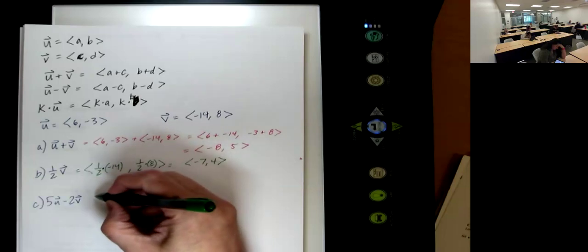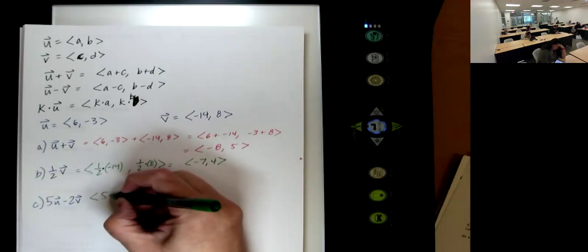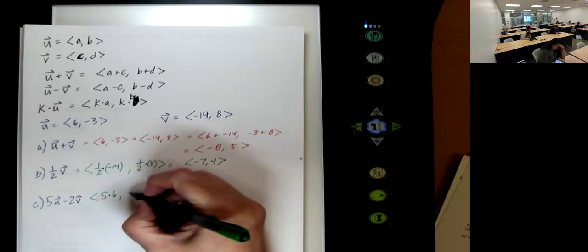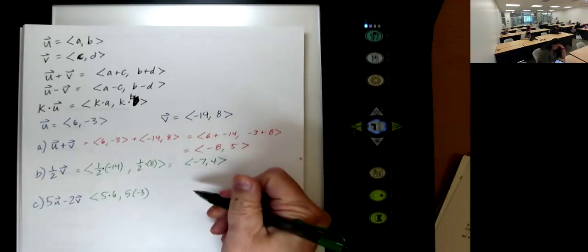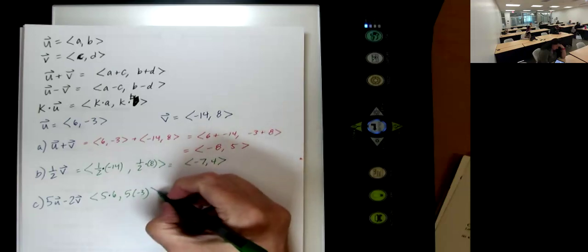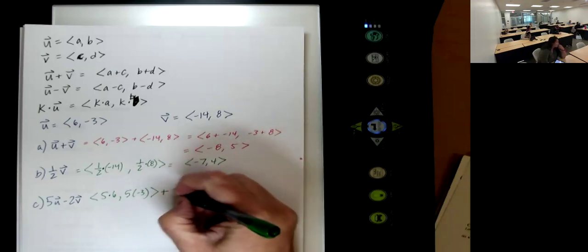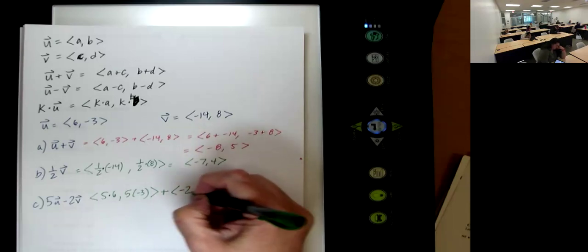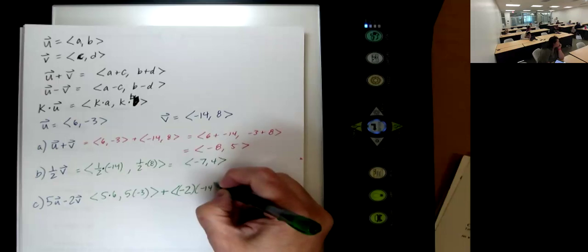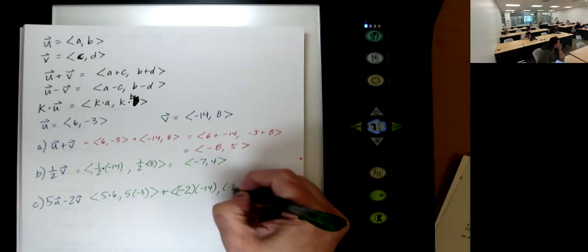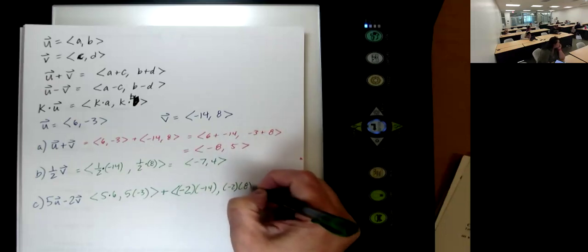So if I do 5u, I have 5 times 6, 5 times negative 3. And then I'm gonna write this as a plus and move this negative 2 in as a multiplier. So negative 2 times negative 14, negative 2 times 8.